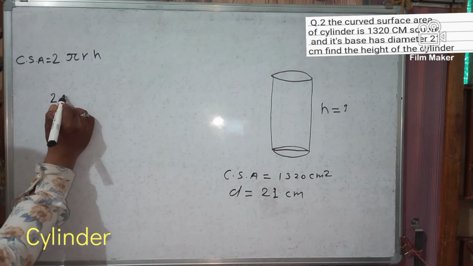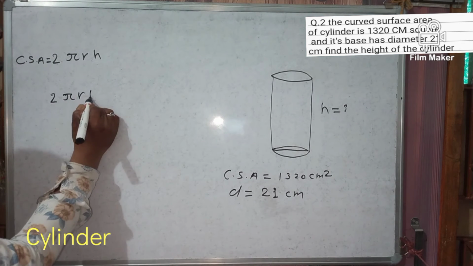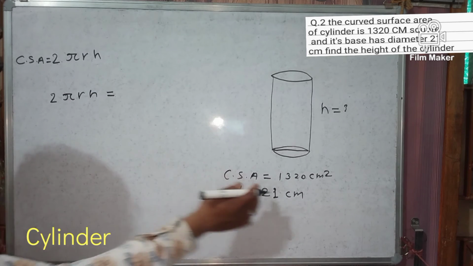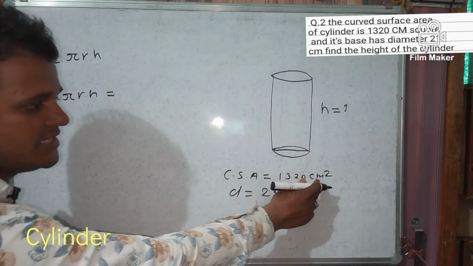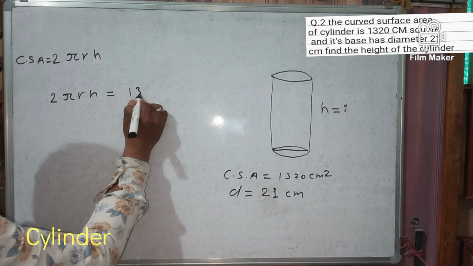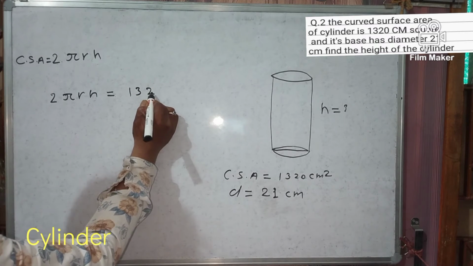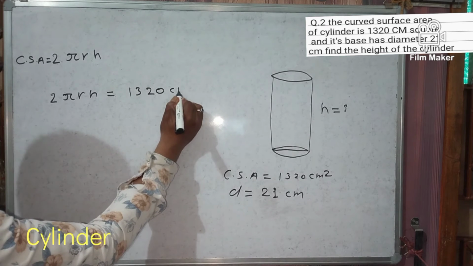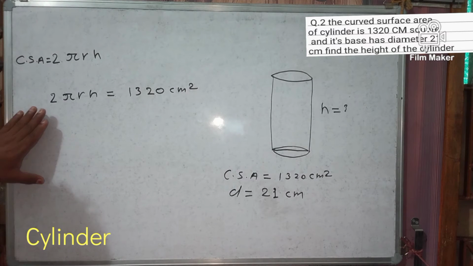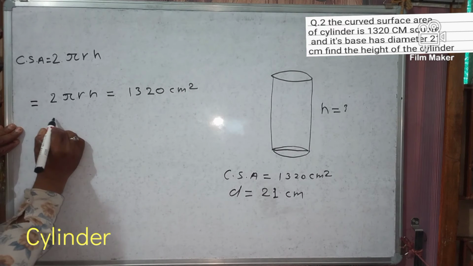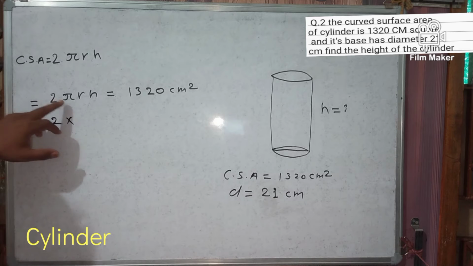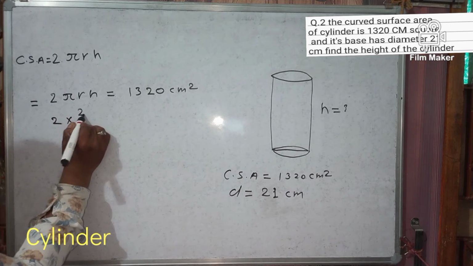So 2 pi r h is equal to 1320 centimeter square. Pi means 22 by 7.